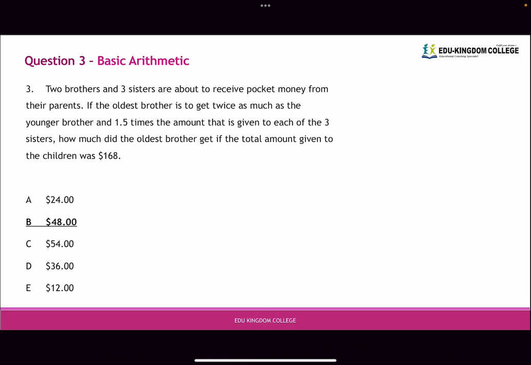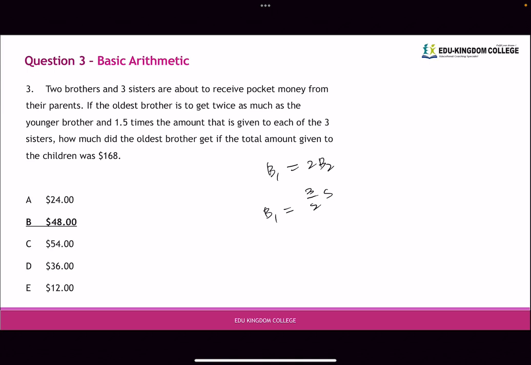Now, 2 brothers and 3 sisters are about to receive pocket money from their parents. If the oldest brother gets twice as much, so oldest brother B1 equals 2B2, so he gets twice as much as brother 2, and 1.5 times the amount that is given to each of the 3 sisters, so B1 equals 3/2 S. How much did the older brother get if the total amount given to the children was $168?